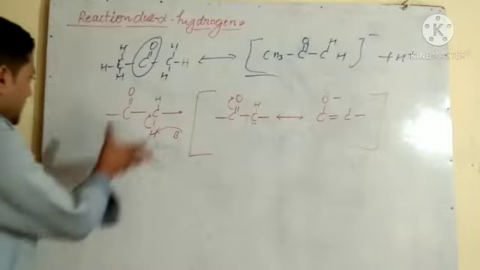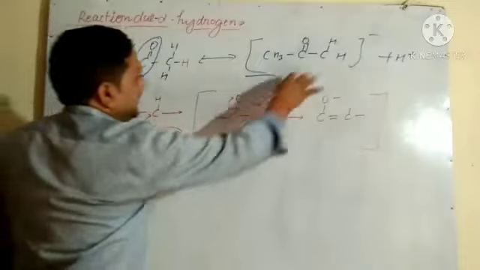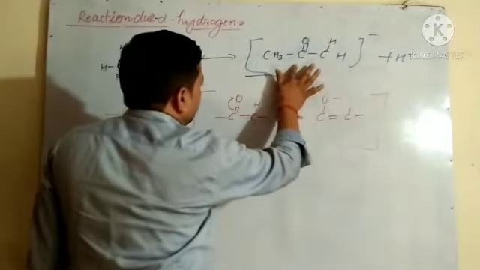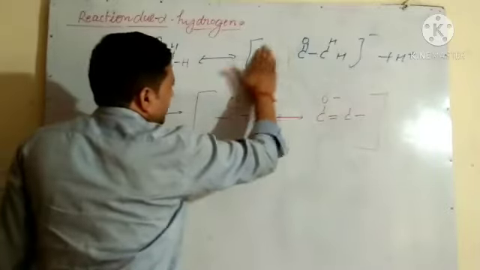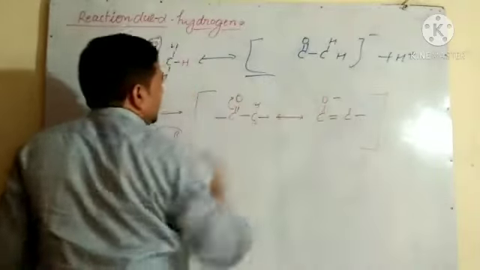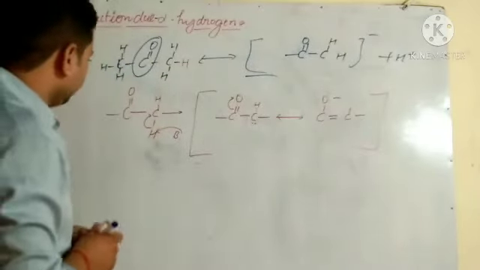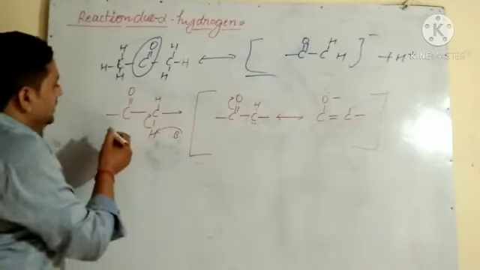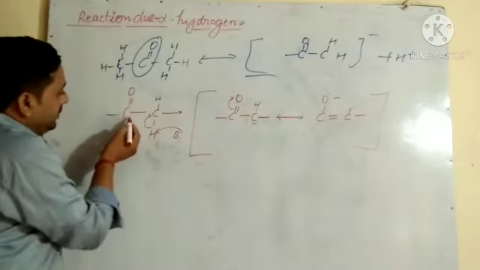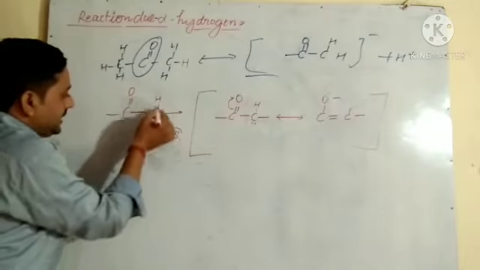So here is the resonance stabilization of conjugate base, that I have written here. There I have shown hydrogen also, but here I have not shown hydrogen. So how does it happen? I have already told you, due to the effect of carbonyl, this bond will be shifted to that side, meaning this will attract the electron.